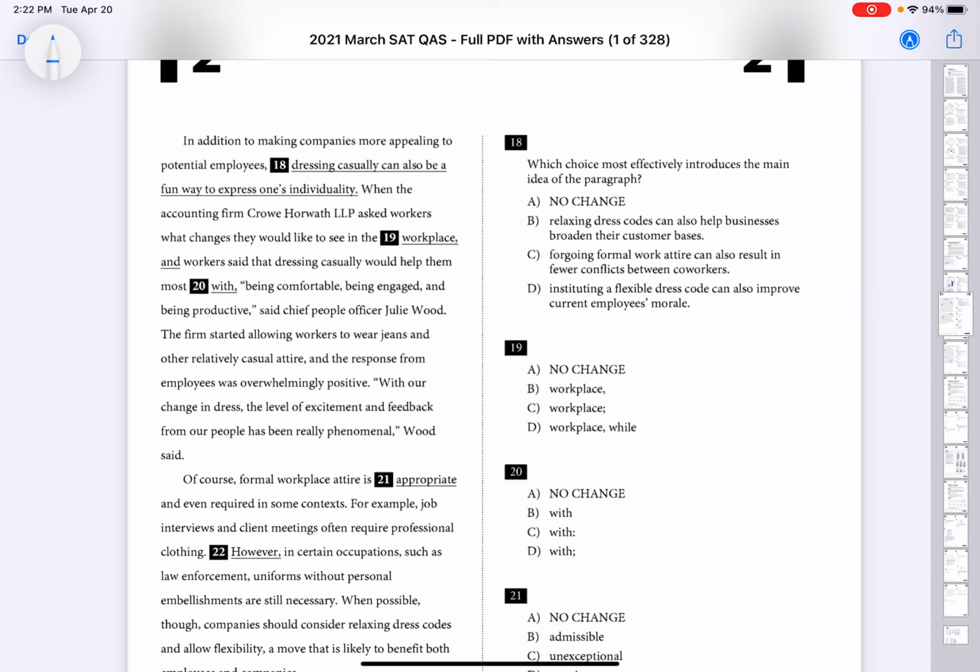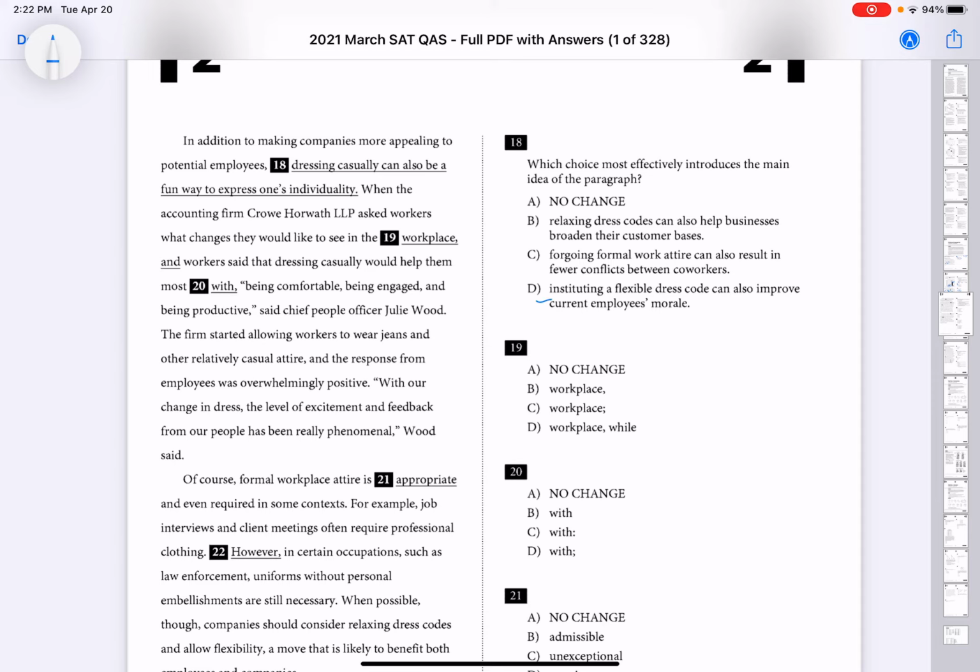Okay. The firm started allowing workers to wear jeans and relatively casual attire, and response from employees were overwhelmingly positive. With our change in dress, the level of excitement and feedback from our people has been really phenomenal, Wood said. Okay, so in number 18, the answer here seems to be about how the companies are creating different dress codes.